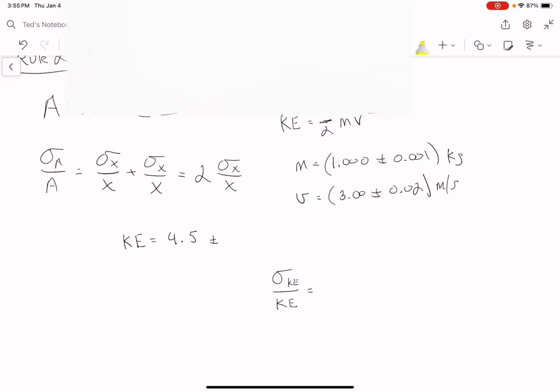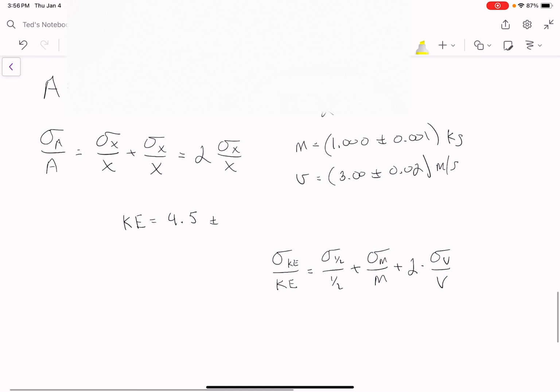Work with me here for a second. One of the things we're multiplying is 1/2. So, all right, the uncertainty in 1/2 divided by 1/2 plus the uncertainty in mass divided by mass plus, now velocity is squared, so we've got 2 of them, so it's plus 2 times the uncertainty in velocity divided by velocity.